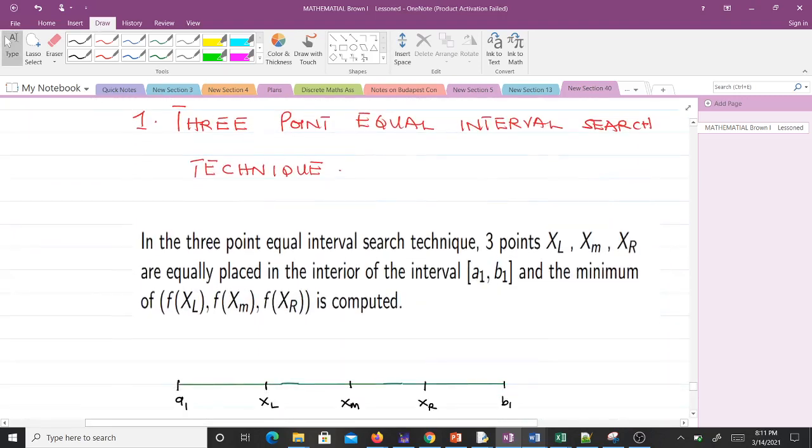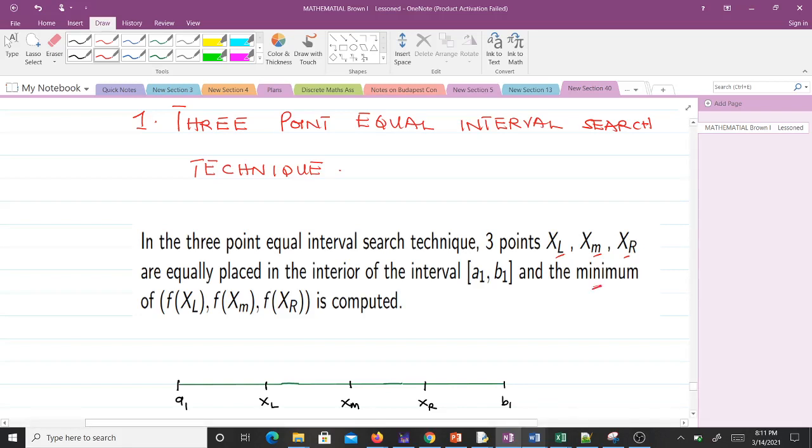So the 3-point equal interval search technique. In a 3-point equal interval search technique, 3 points XL, XM, and XR are equally placed in the interior of the interval [a1, b1], and the minimum of, that's if you are asked to minimize.